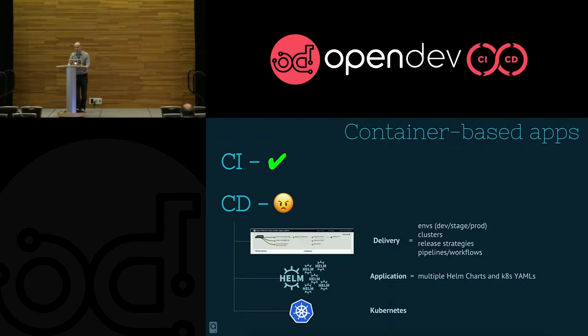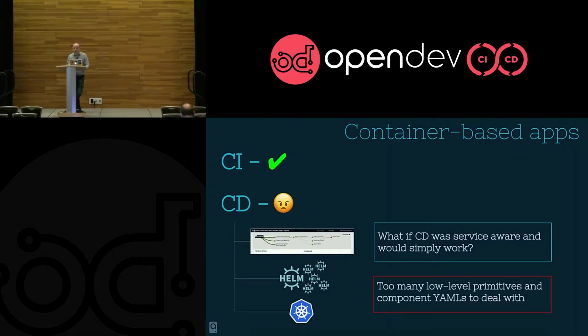So what is the problem? The problem is that when you start building things this way, you have to deal with a lot of low-level primitives on the Helm side and on the Kubernetes side, with the Kubernetes object model and things like that. When you're putting applications together, you want to reason about applications and services. You basically want to say, I have this service made of 5 or 10 or 15 components, and we've seen cases with 50 components.